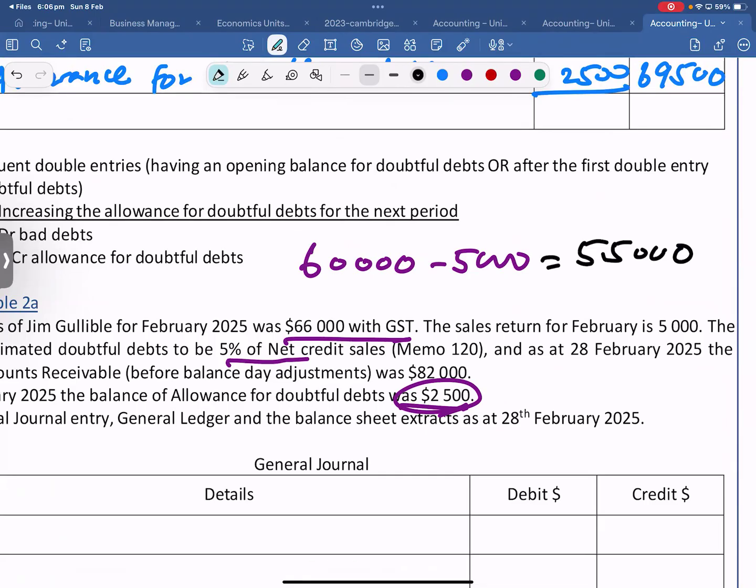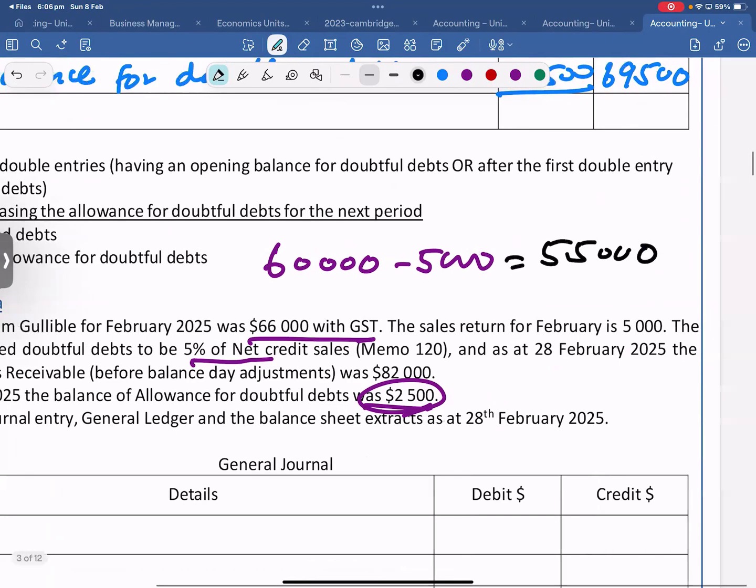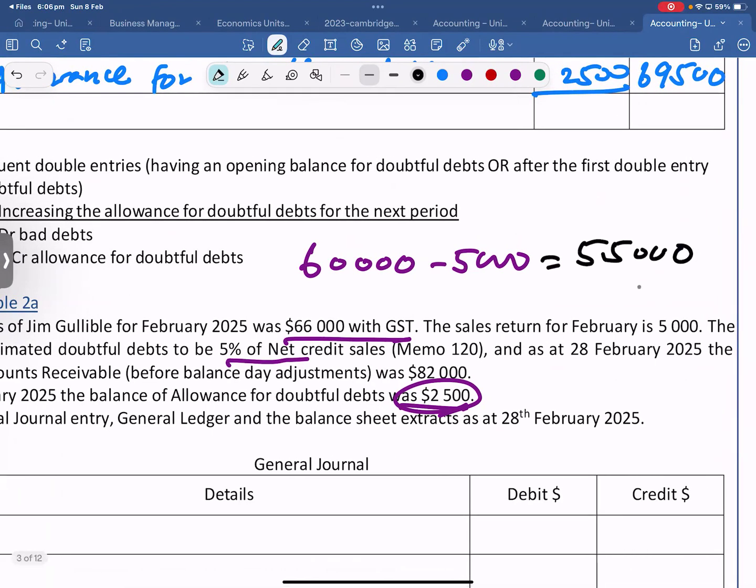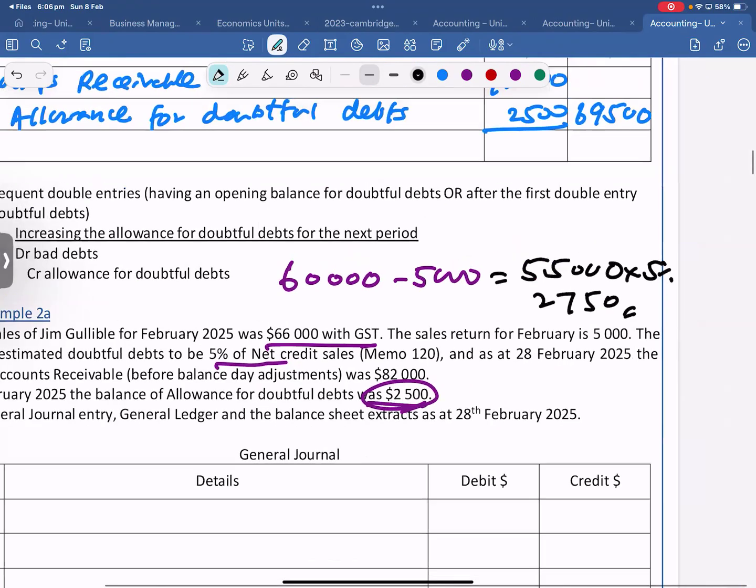So now what is happening? Our net credit sales is increasing. As a result, we have increased our doubtful debt as well. Every time it is 5%. For every dollar, we are increasing by 5%. This one times 5% is 2,750. Then what shall we do for 2,750?